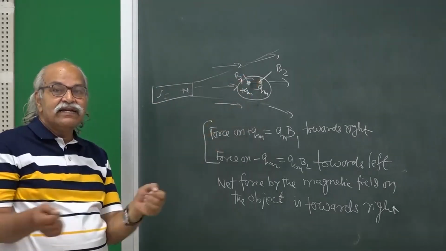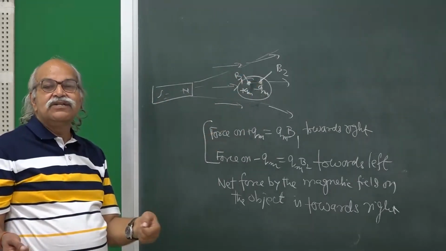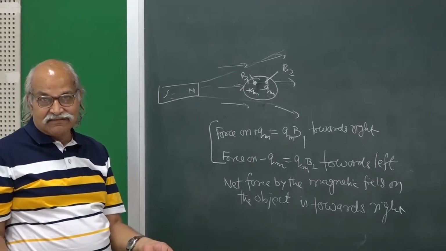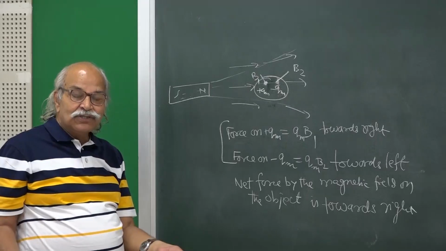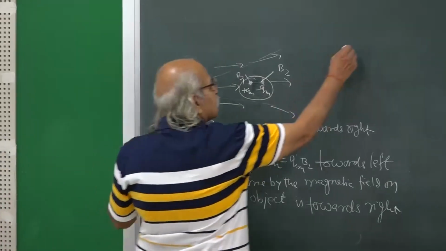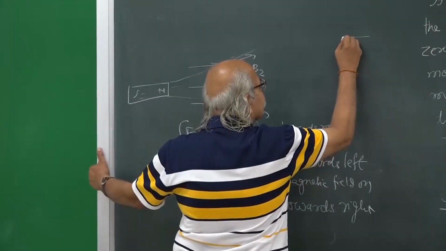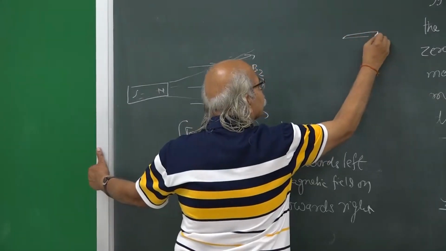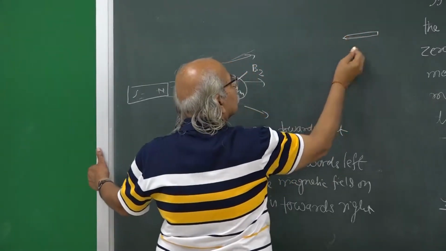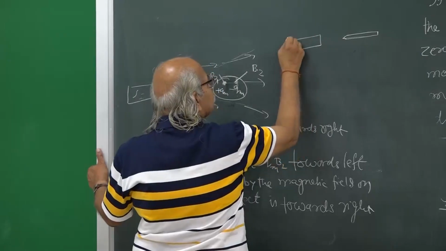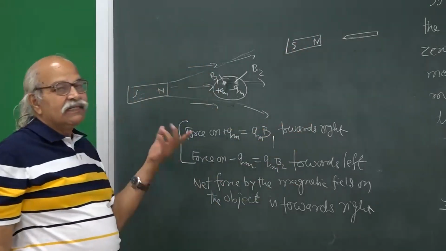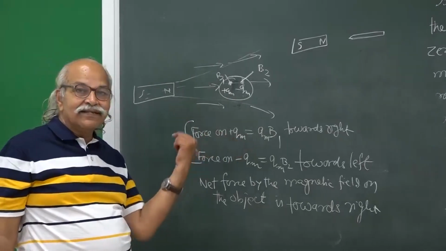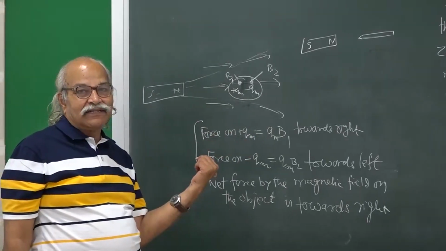Our iron nail is also initially unmagnetized, but when we bring a magnet close to it, invariably the iron nail is attracted towards the magnet.